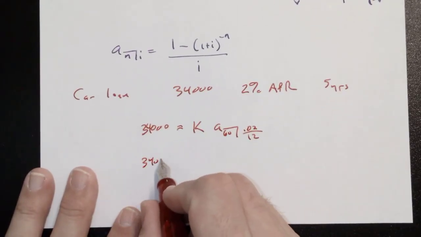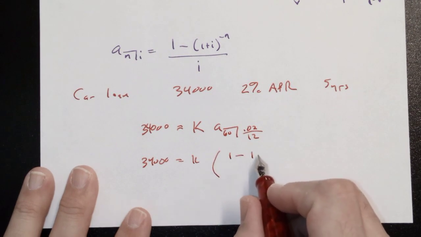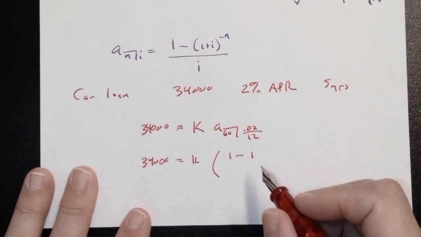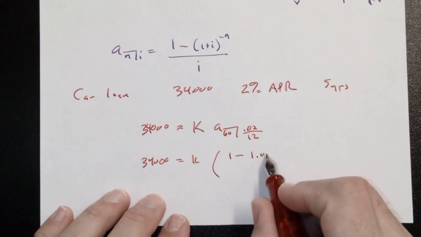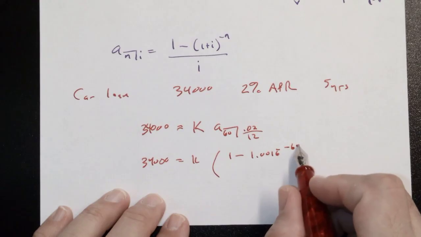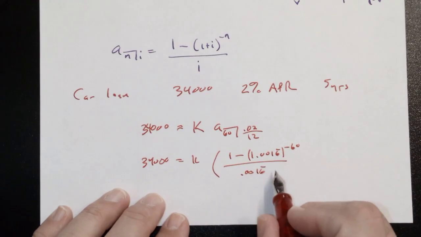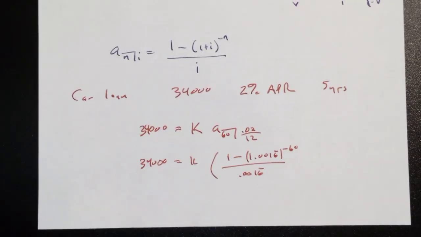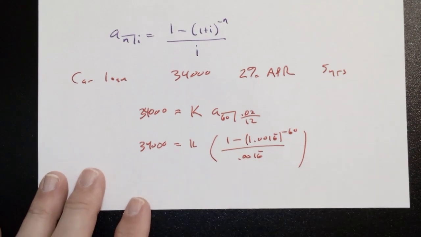So 34,000 equals K times (1 minus 1.00166 repeating to the negative 60th) over 0.00166 repeating. Some ugly repeating decimal; should have picked a better interest rate, but oh well. So I just have to divide by this to get K.